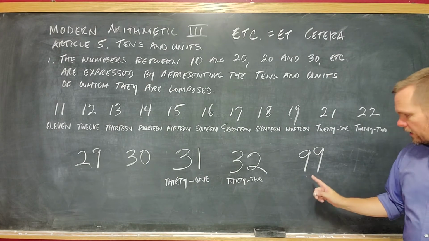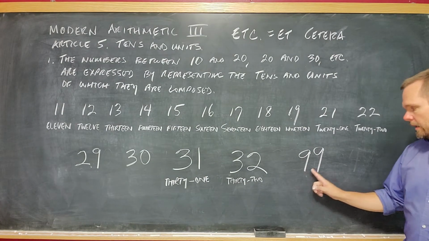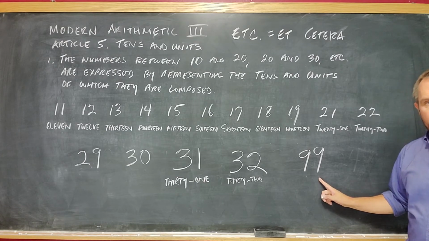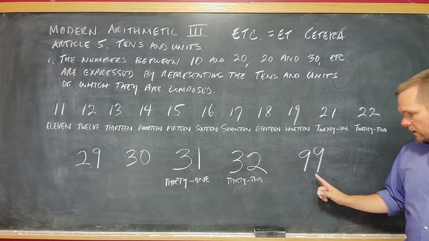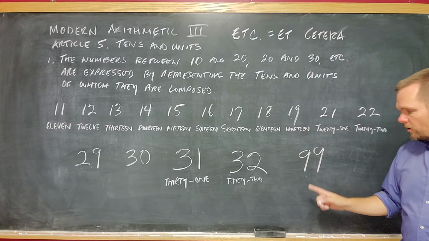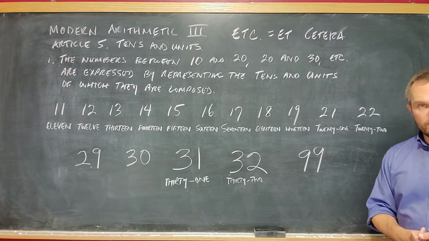The number 99, 90 is 9 tens, and 9 more is 9 units, 99. In our next articles, we'll learn how to keep going up through the hundreds.